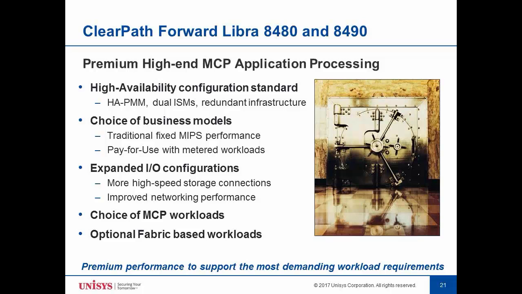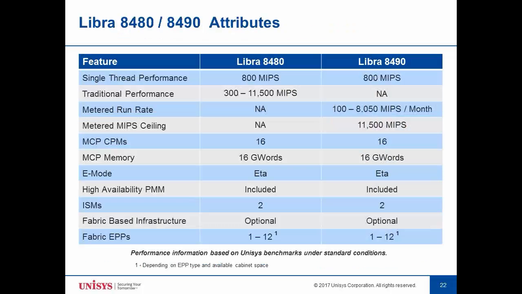Has all the high availability capabilities that you need for these critical workload support for MCP clients, and has the optional fabric-based workloads. The specifics then for the Libra 8400, single thread performance of 800 MIPS, impressive single thread performance for those most demanding batch type of environments.